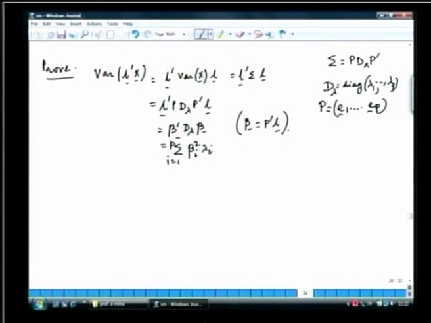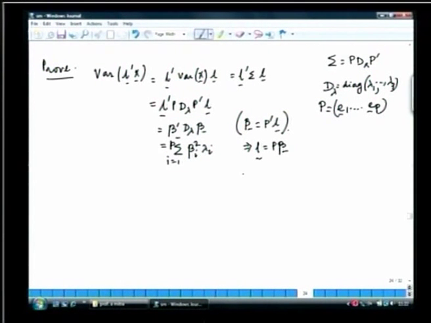Now I have beta as P prime L. This also implies that L is obtained by pre-multiplying with P transpose inverse. That is possible because P is an orthogonal matrix, so L is nothing but P beta.